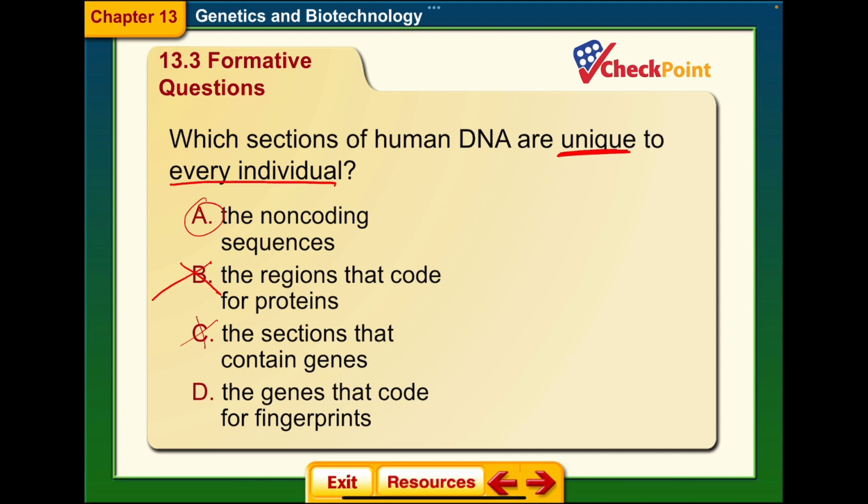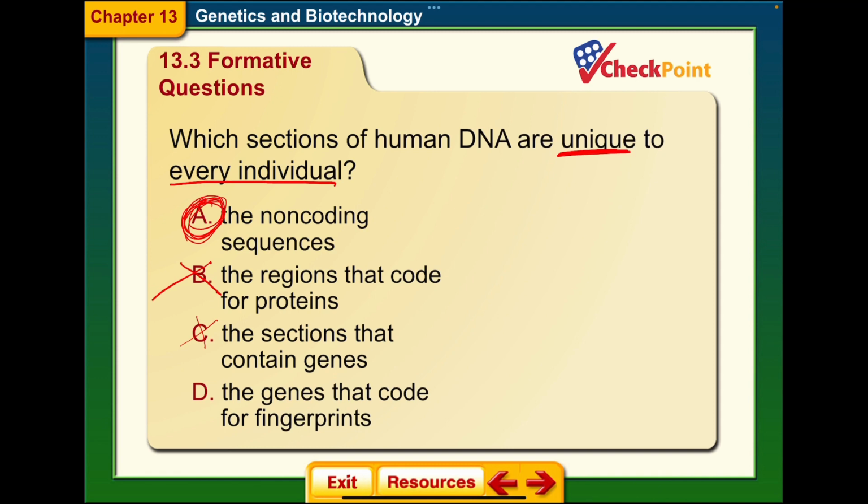Now, DNA fingerprinting involves what? It involves separating these DNA fragments that contain the non-coding sequences in order to observe these distinct banding patterns. So which sections of human DNA are unique to each individual? Those are the non-coding sequences.